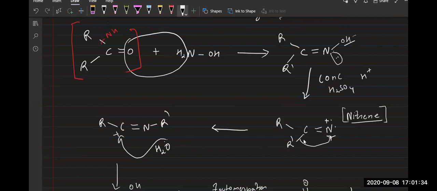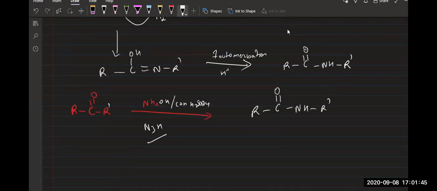To form nitrene, you can give any reagent, so you should know the work of the reagent. Okay, Asha, got it?